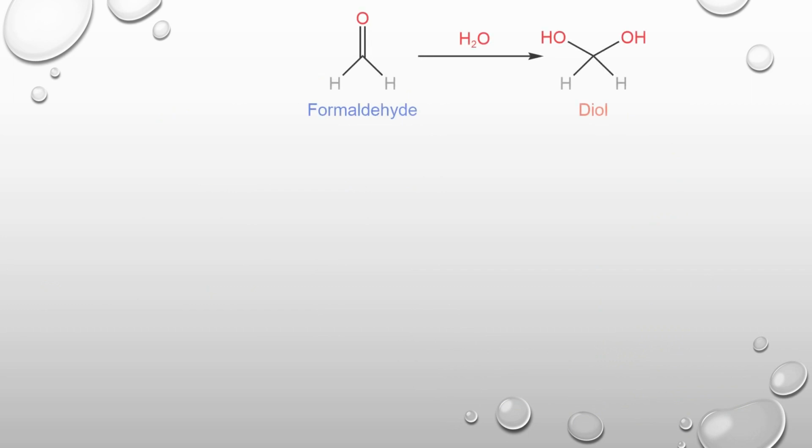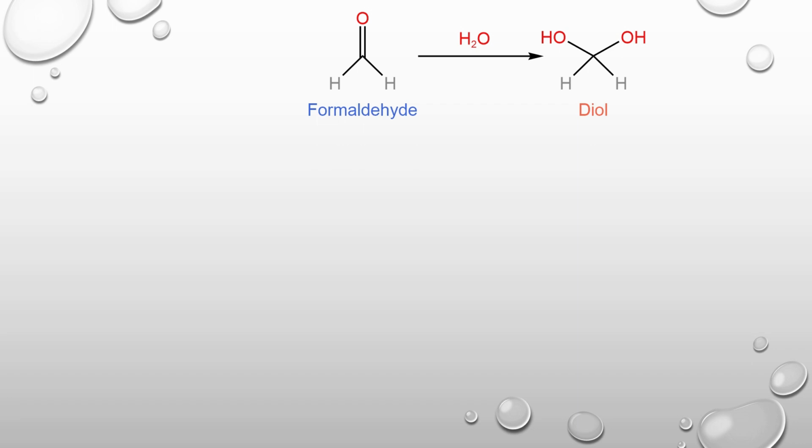Since there are not many bulky groups in formaldehyde, diol formation is possible. The aqueous solution of formaldehyde contains no C double bond O group. It's a diol group that is present in the aqueous solution of formaldehyde. Let's understand what other factors can increase the chances of formation of a diol with water in carbonyls.